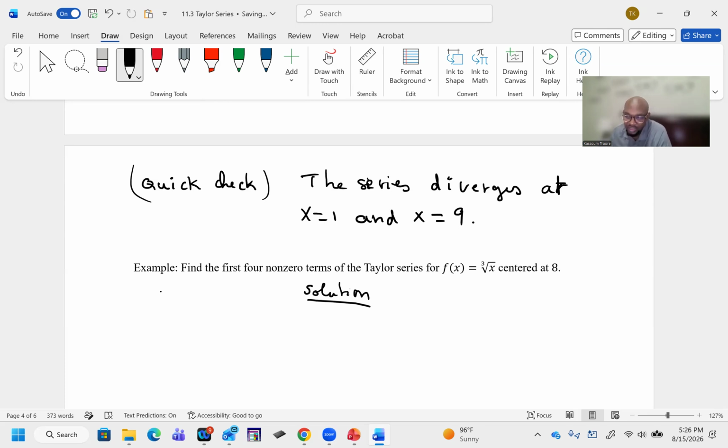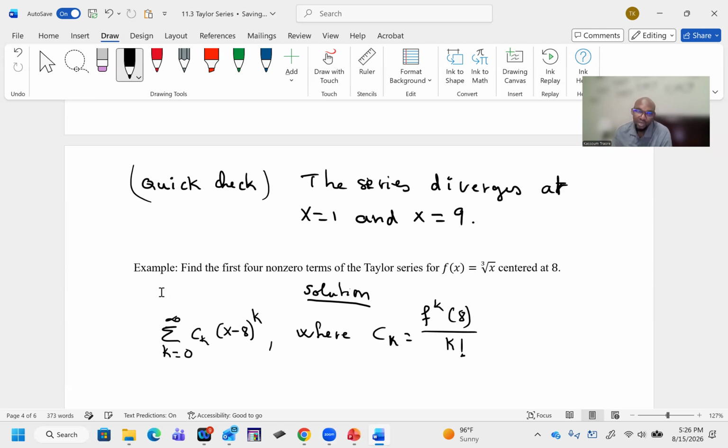The Taylor series centered at 8 has the form the sum from k equals 0 to infinity of c sub k times (x minus 8) to the power of k, where c sub k is the kth derivative of f at 8 divided by k factorial.